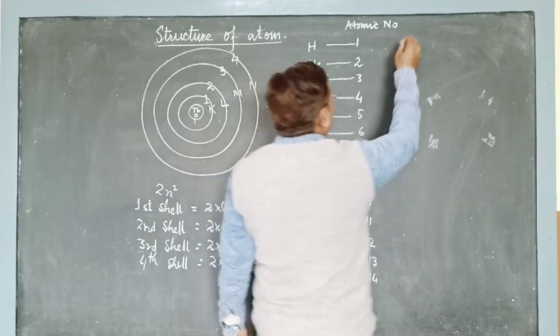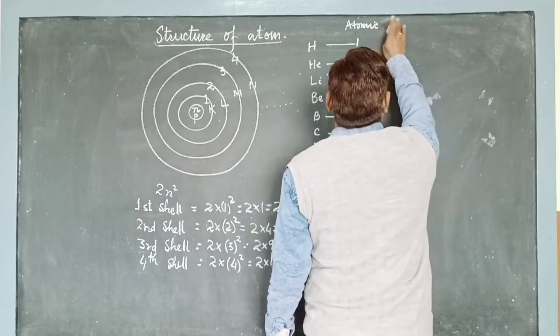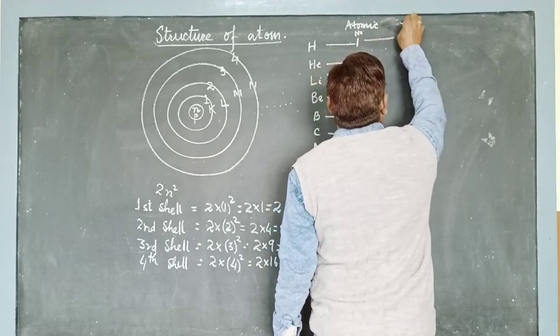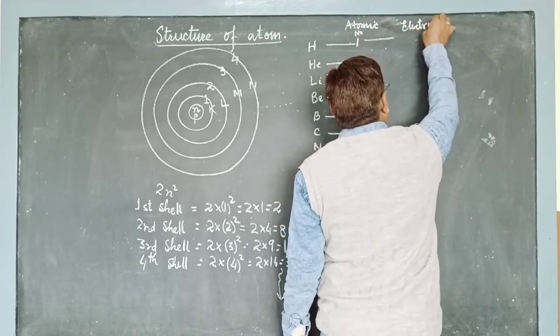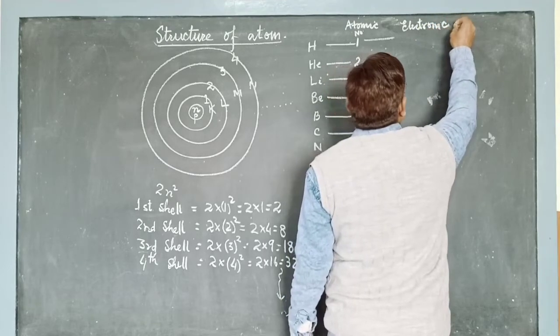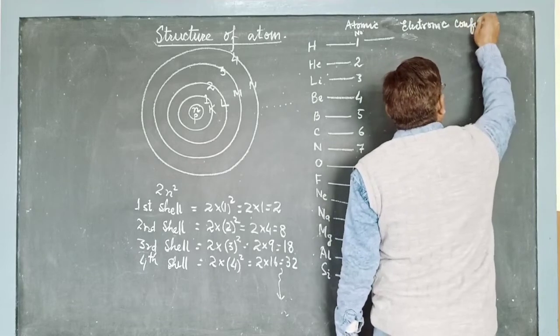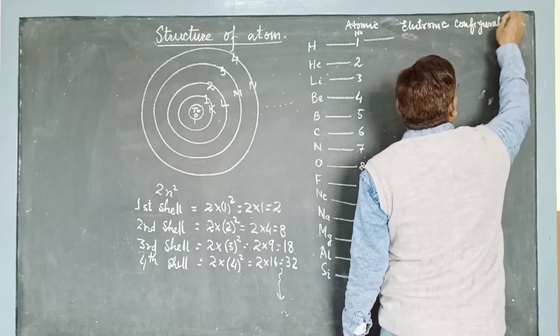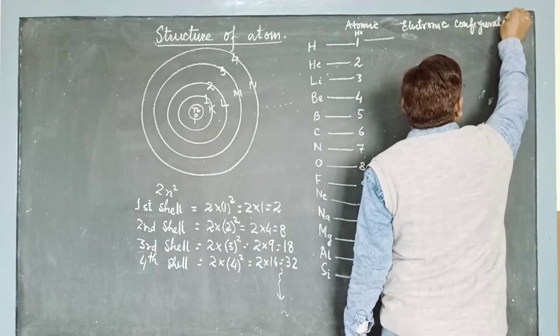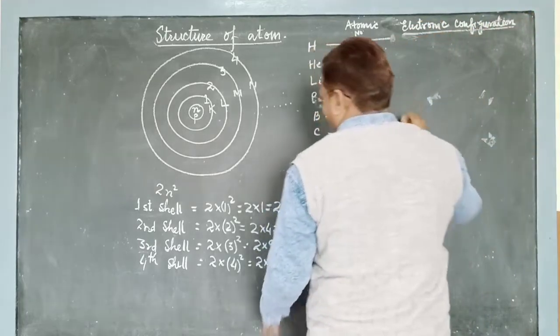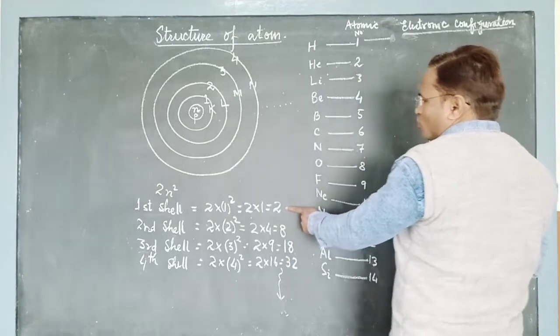And when we are doing the electronic configuration, what we have in the first shell, how many electrons can go maximum? 2.